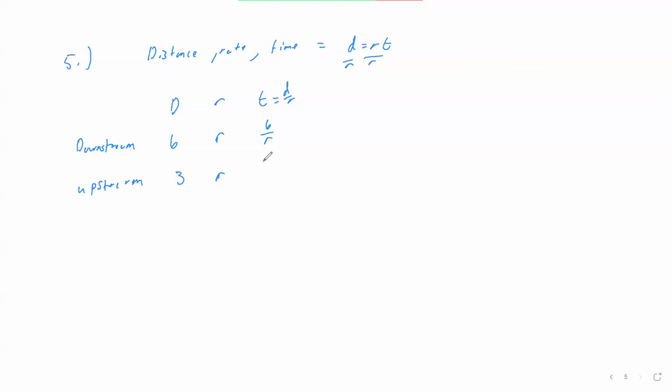And then therefore our time would be 3 over R. And the rate that we're calculating here is the speed of the river's current. All right, but it tells me it's the same time. So in this case, these things are equal to each other. So 6 over R is equal to 3 over R. So if I cross multiply, that's going to be 6R equals 3R.